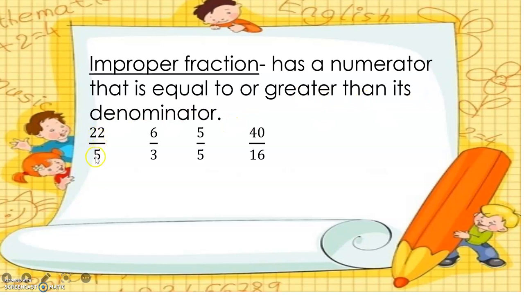So 22/5: the numerator is greater than the denominator. 22/5, 6/3, 5/5 where they are equal, 40/16. That is an example of improper fractions.